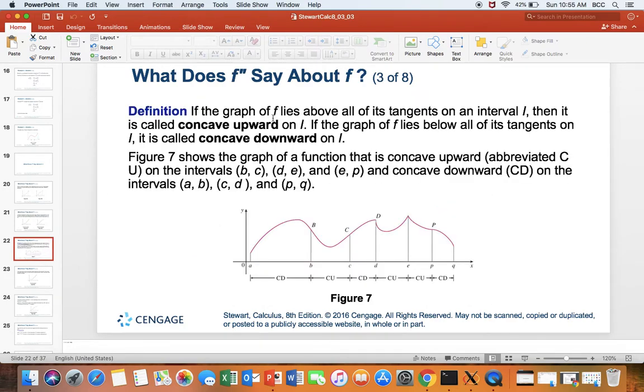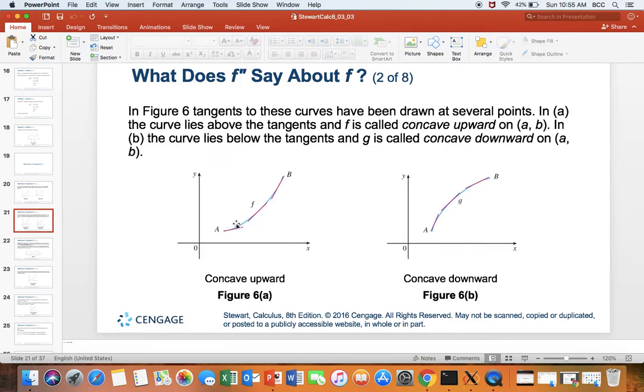If the graph of f lies above all its tangents, then it is called concave up. If the graph of f lies below all its tangents, it is called concave down. Okay? The graph f is above all the tangents.